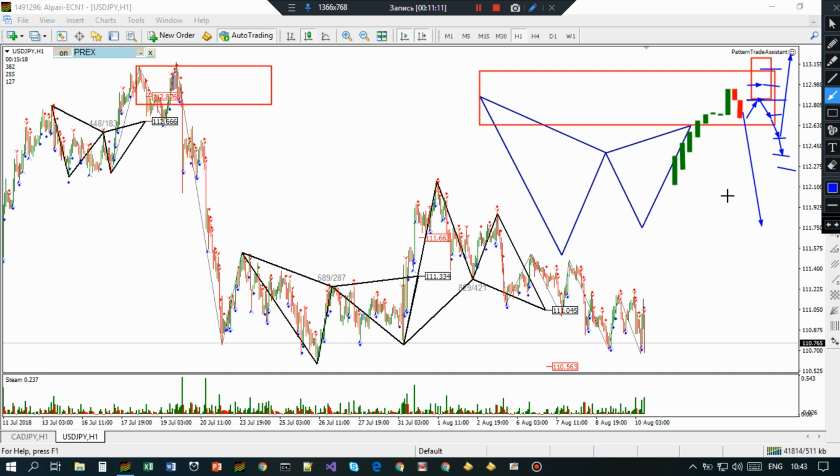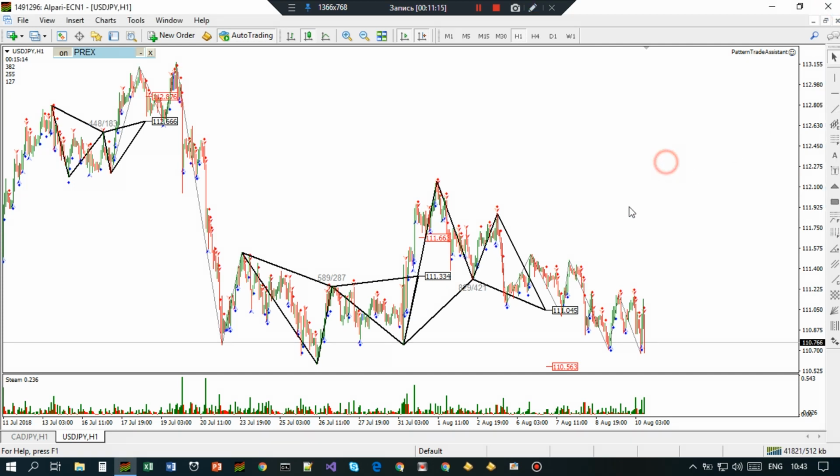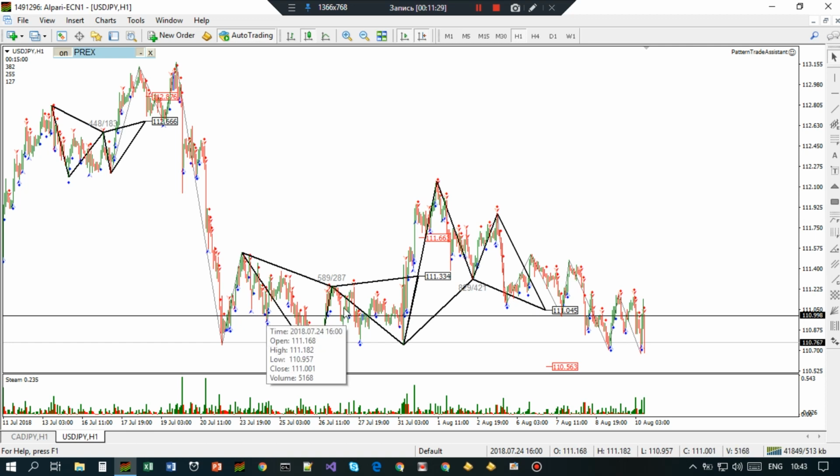Now let's examine these real market situations. So what do we have here? There are two levels here for price to bounce. It is the 786 level, basically looks like support, consolidation, support, almost support of this level, and finally it was broken.